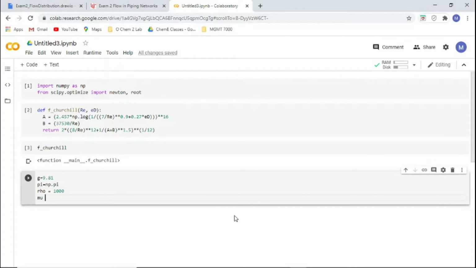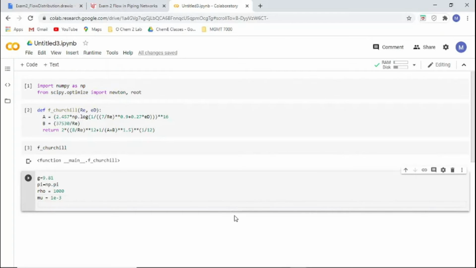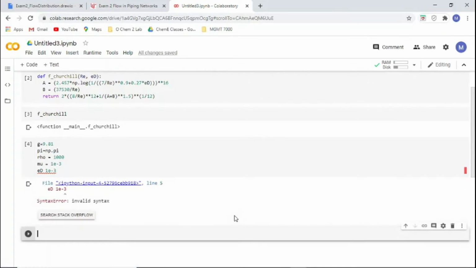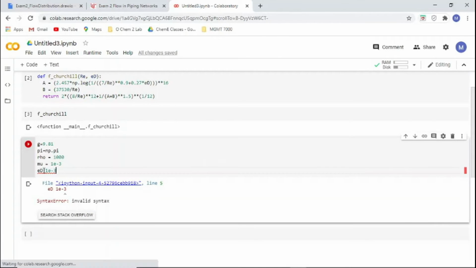And the viscosity of our fluid, because it's water, is going to be 1 times 10 to the -3. And our relative roughness is going to be 1 times e to the -3 as well. So we can shift enter that, and it'll put those in. I forgot an equal sign.